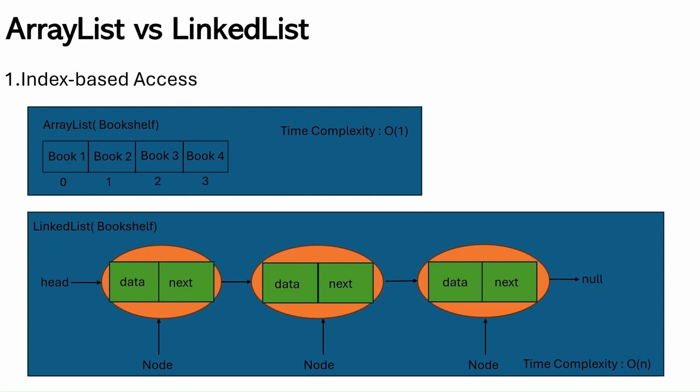The time it takes to access an element grows linearly with the size of the list. So, for fast and direct access, especially when dealing with indices, ArrayList takes the lead with its constant time complexity. It's like having a bookshelf where you can instantly grab any book you want.